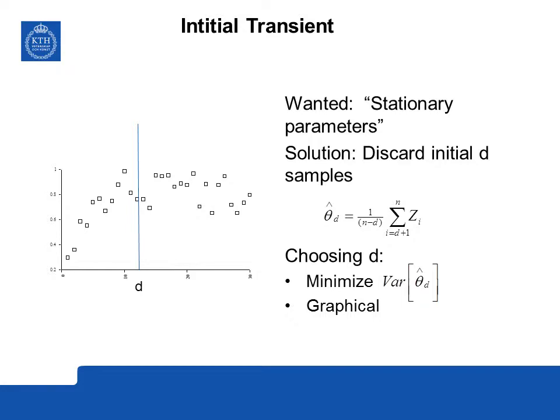And also we can just do an observation similar to the figure and see when the process appears to reach a stationary state. And this is usually a simple thing you can do if you have very, very many samples to work with.